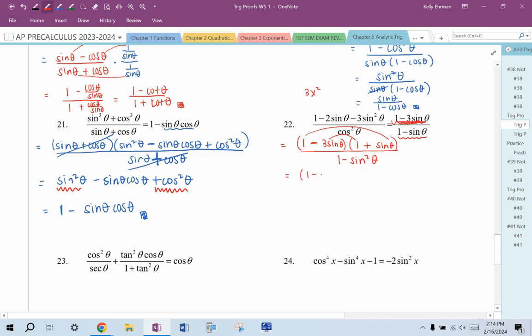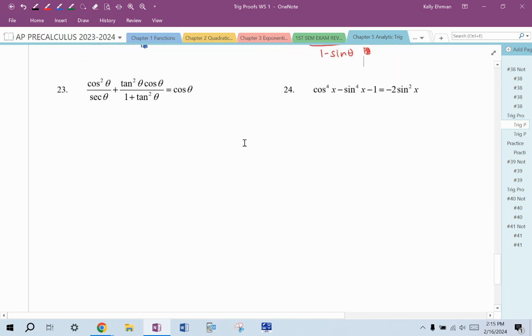So we've got 1 minus 3 sine theta times 1 plus sine theta, and if we factor the denominator, 1 plus sine theta times 1 minus sine theta, we can cancel the 1 plus sine thetas, and then we have our proof. We're only left with 1 minus 3 sine theta, and in the denominator, we're left with 1 minus sine theta, and that's what the right side of the equation is, so we've proven that.